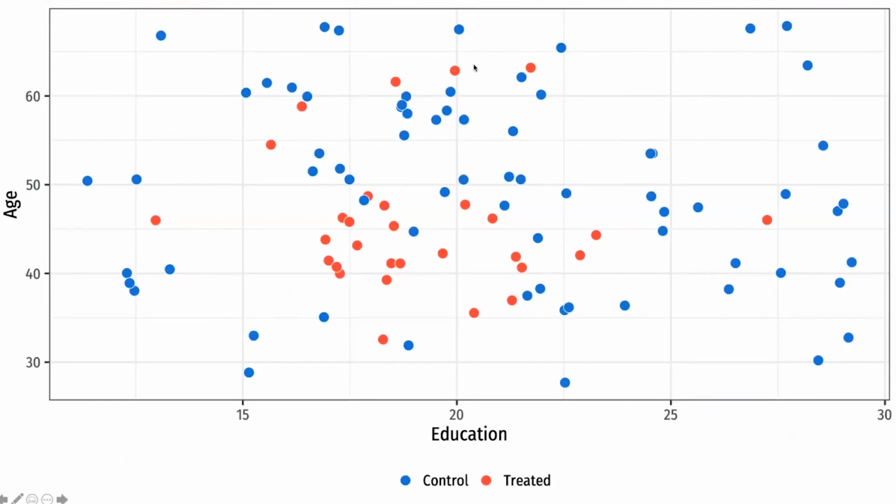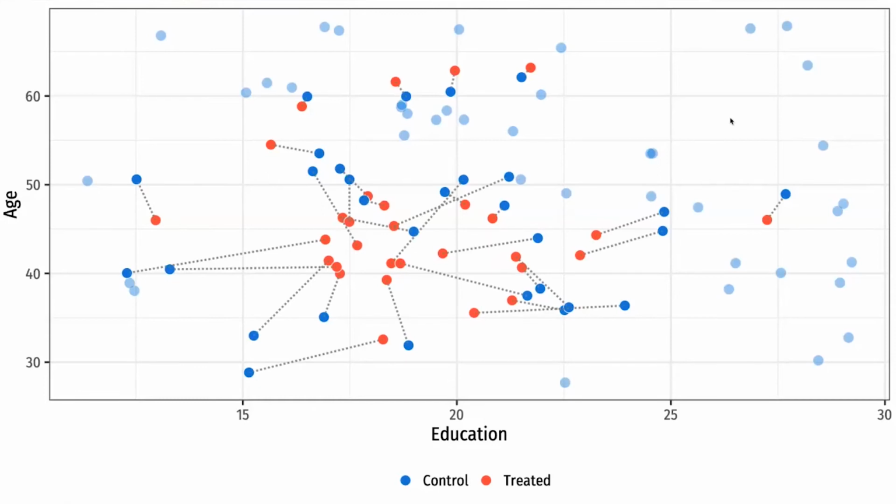They are very similar in education, very similar in age. These two points here are probably a good match too. That point and this point are probably not a good match. If we use what is called Mahalanobis distance or Euclidean distance, some fancy mathy way of figuring out nearest neighbors, this is what we end up with. These pairs are the observations that are most similar to each other based on age and education.